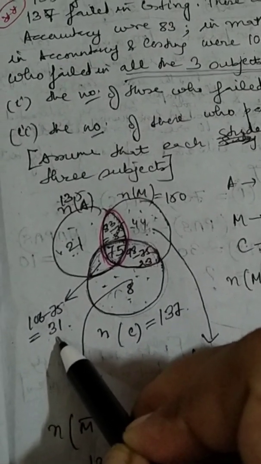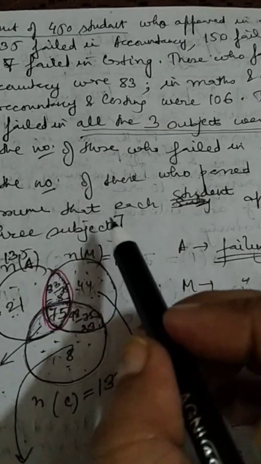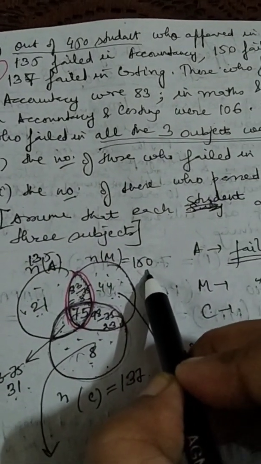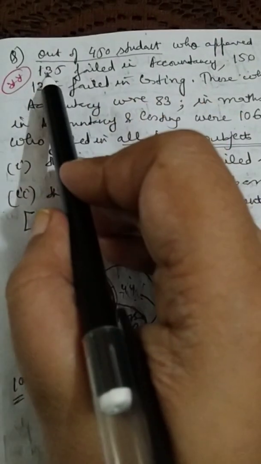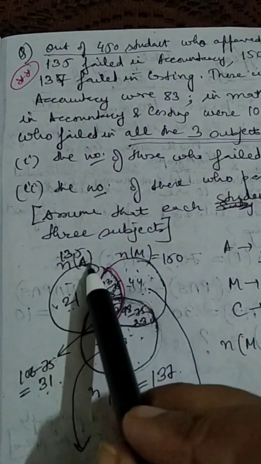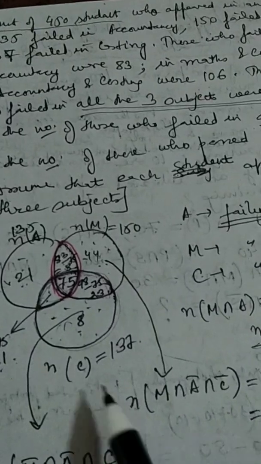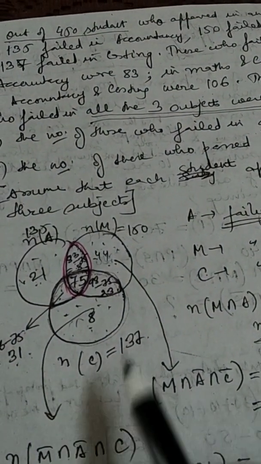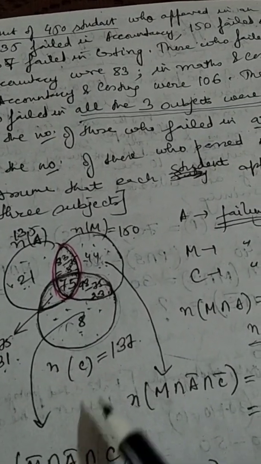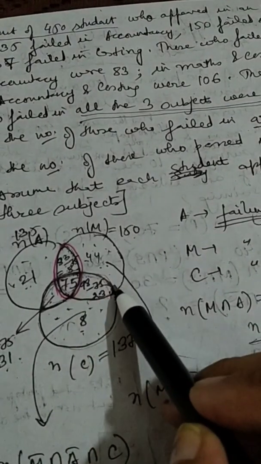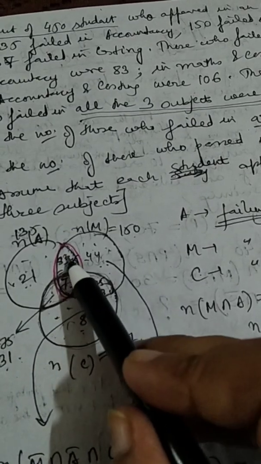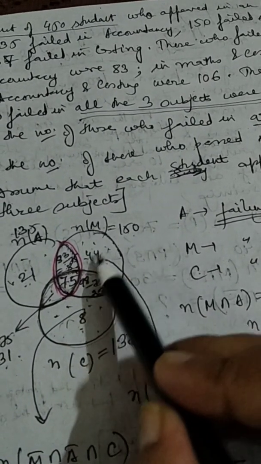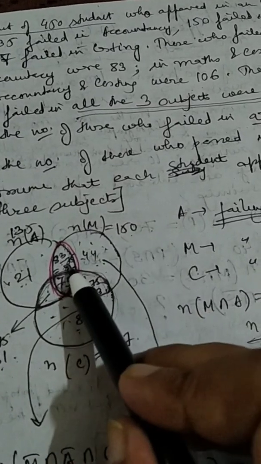What else is given? Those who failed in maths is 150. That means the cardinal number of maths is 150, which I've written over here. Those who failed in accountancy is 135, so the cardinal number of accountancy is 135. And those who failed in costing is 137, which I've written over here. So easily I can find out how much this portion over here is, because this is known, this is known, this is known, and the total is known. So how much is this portion? 150 minus this portion.